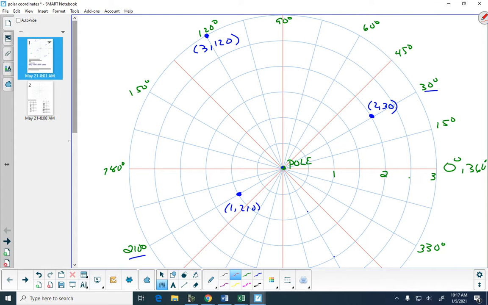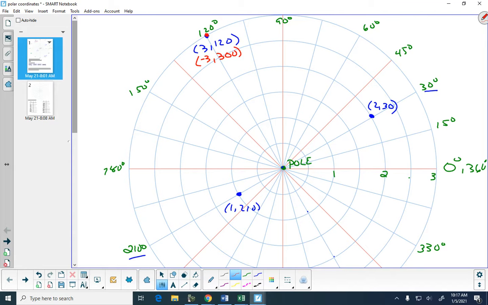Here's my 300. Rather than going out the 300 line, I'm going to go the opposite direction. So I'm going to go out the 120 line. I'm going to come out to this point right here, and this would be the ordered pair (-3, 300).